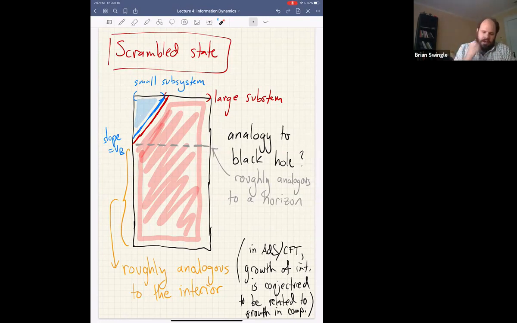And what you consider a gravitating region or a non-gravitating region is not clear to me. Let's just say I don't know. It's a good question.